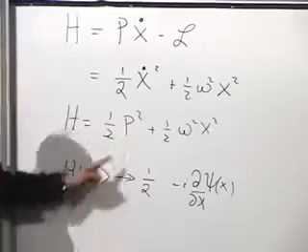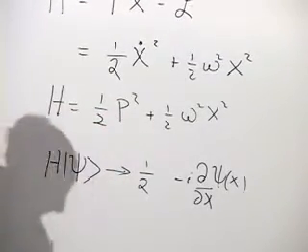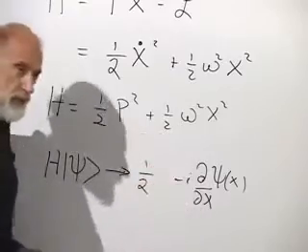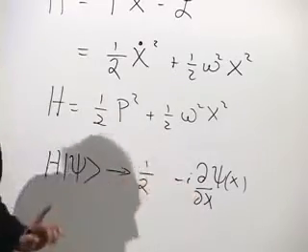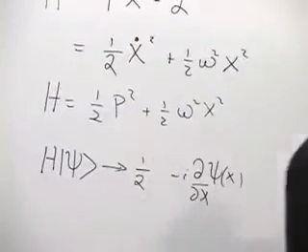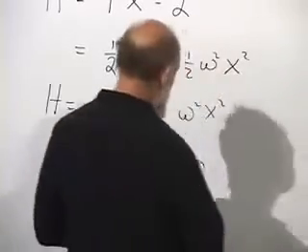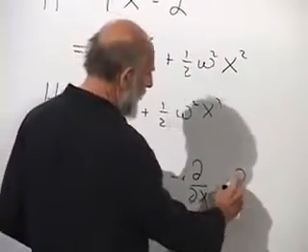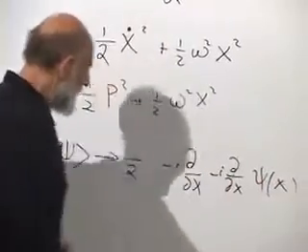But that's only operating with p once. We want to hit it again with p. So we just have to differentiate again, another factor of minus i d by dx. Okay, so we can write it minus i d by dx acting on minus i d by dx psi of x. And what is that?